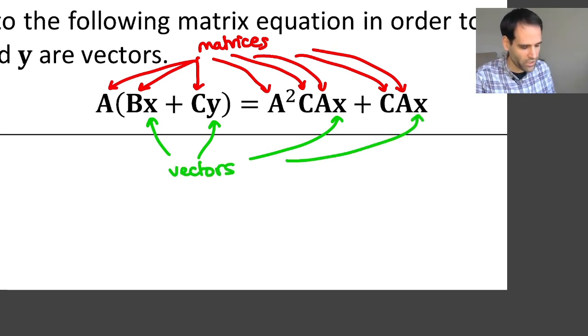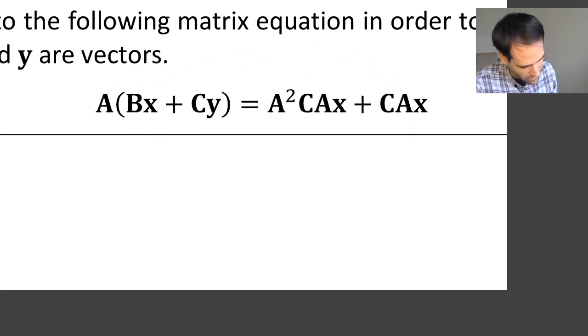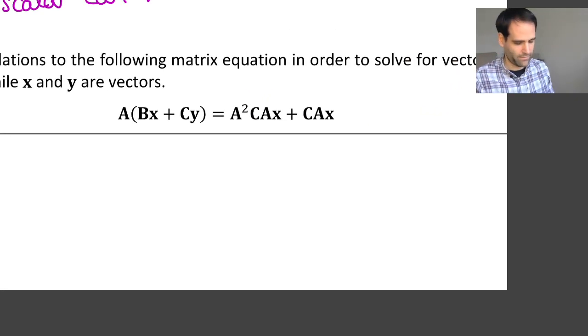Okay? So here I have written an equation that involves matrices and it involves vectors. Notice there's one thing you haven't seen yet, which is the A squared here. So A squared just means A times A. Okay? So the question is: solve for vector x.